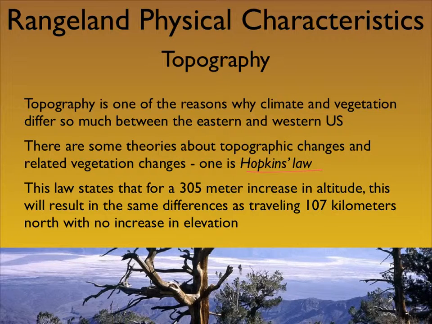And so we know that when you go to a northern climate, typically you're going to find a cooler climate, and that's sort of intuitive about existing in, say, the United States. You go south, you go to a warmer climate, and so what this law states is the impact of moving up in elevation, even though you're not traveling any distance.